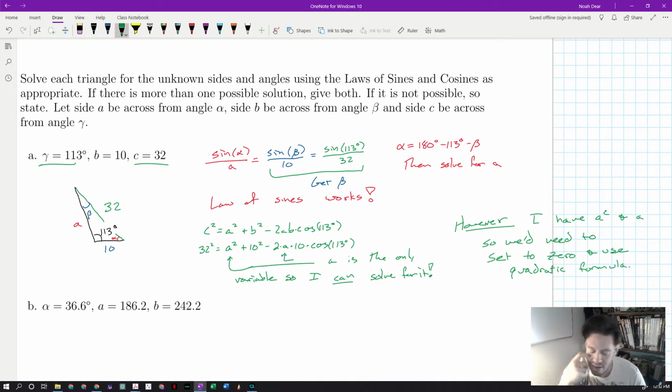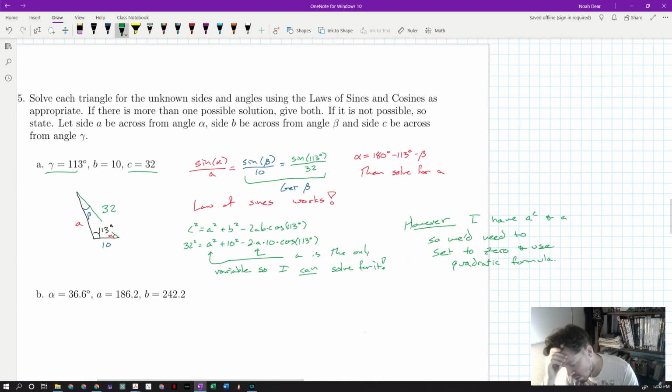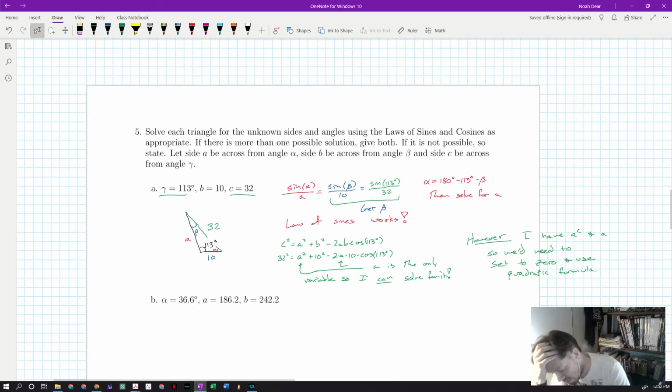And that's really going to be more of a pain than just using the law of sines that we saw above. So here, either one works, but law of sines is going to be easier.